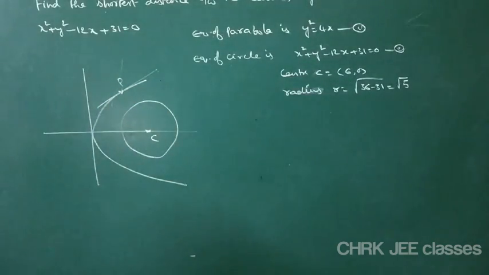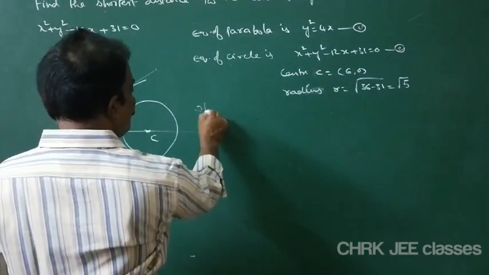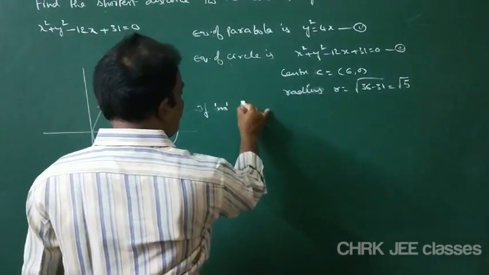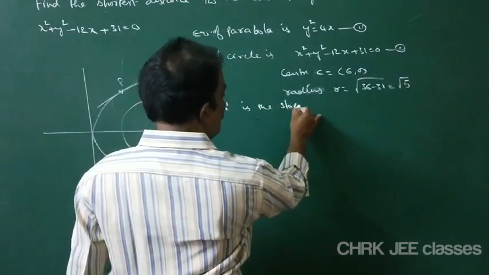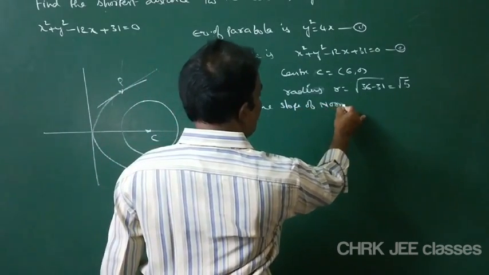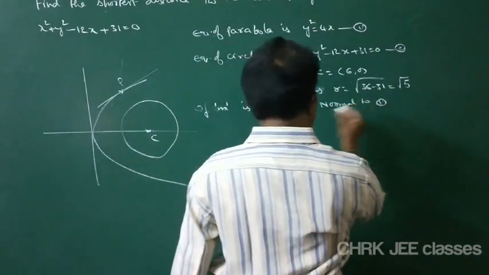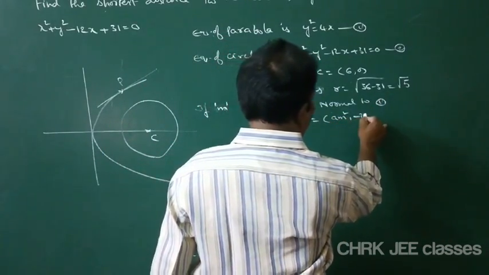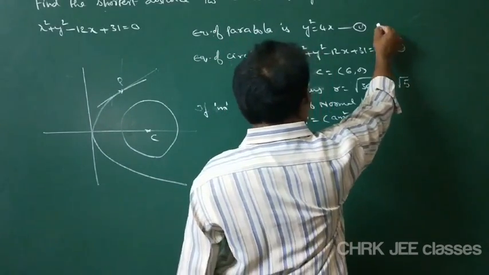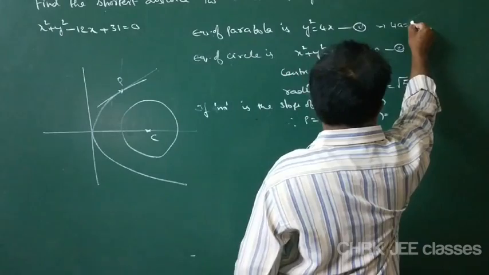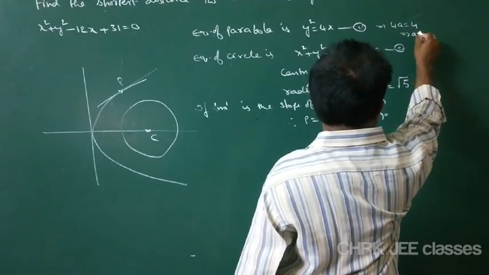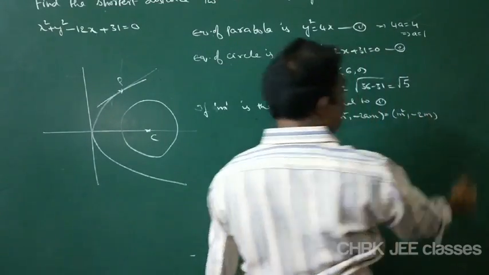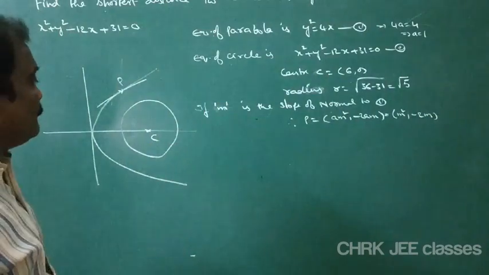Suppose m is the slope of the normal to 1, therefore from the diagram P equals am square comma minus 2am. Here what is a? 4a equals 4, that implies a equals 1, that is m square comma minus 2m, that is the point P.